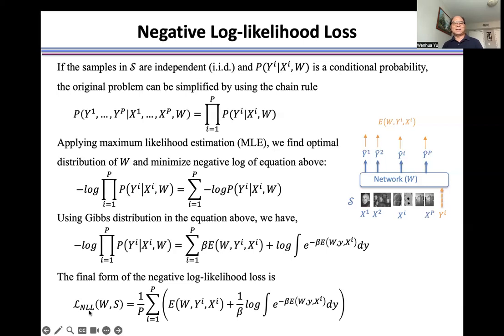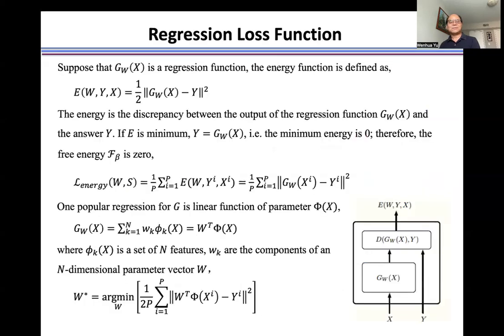So finally, we get the negative log likelihood here. This is the formulation of the loss function for classification.